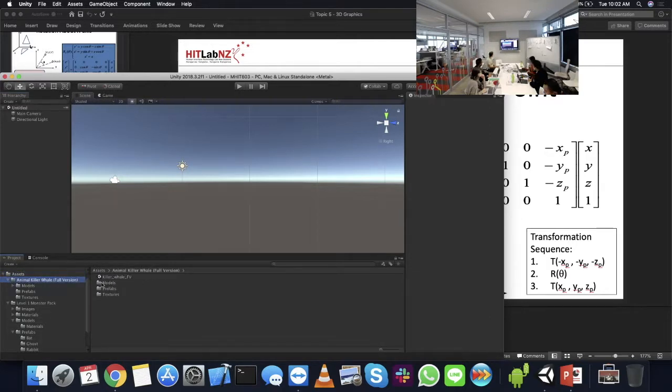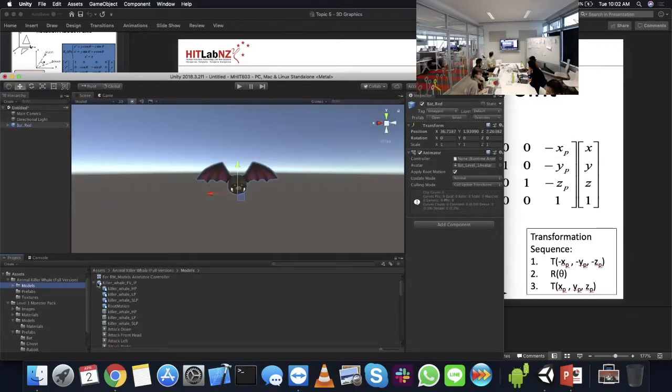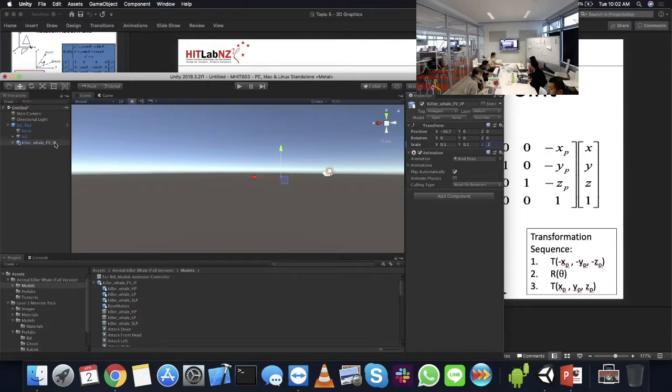So we had the example if we had that bat effectively, and we have a bat and then we put the killer whale as a child of it. We make them roughly the same size so I can see both of them.